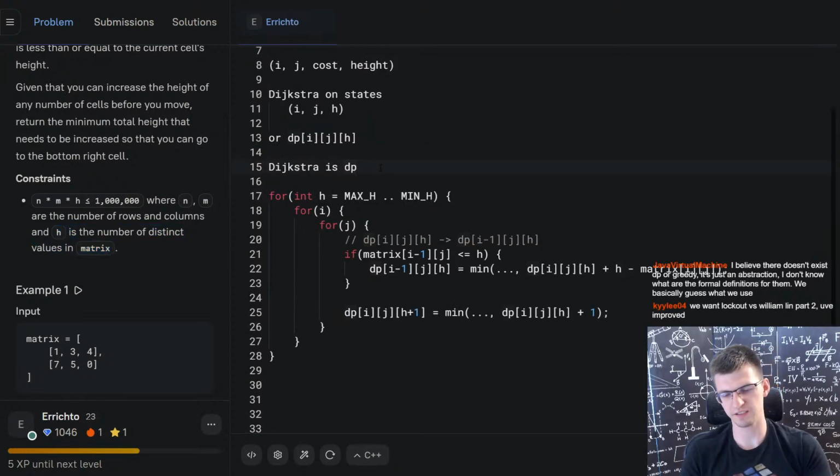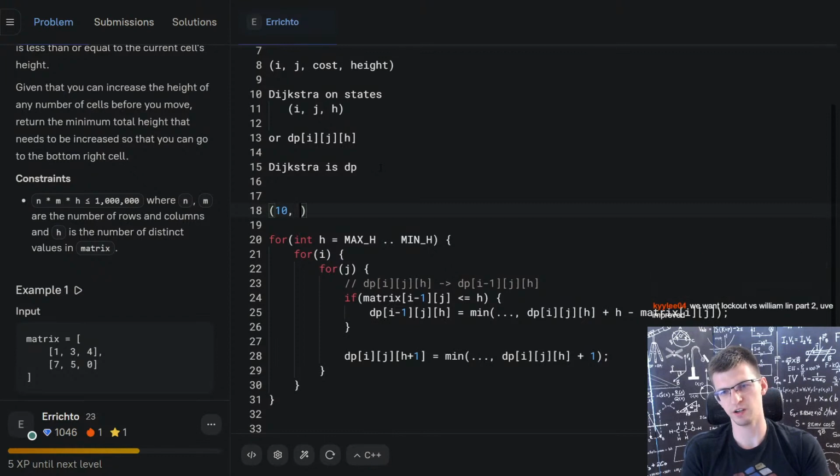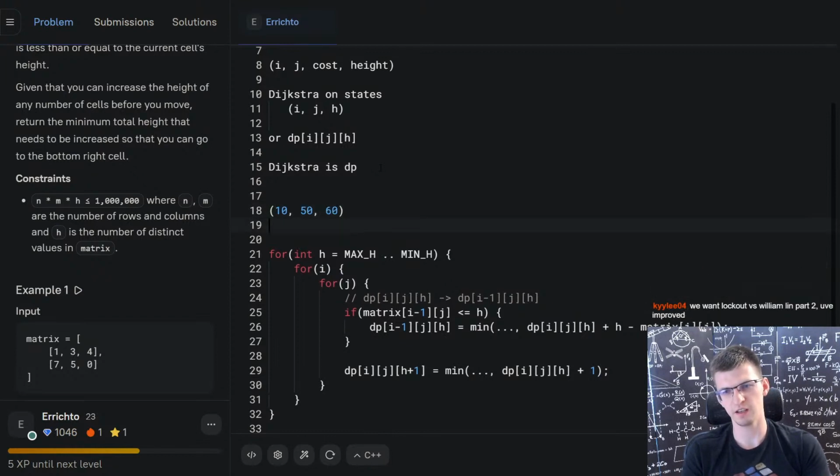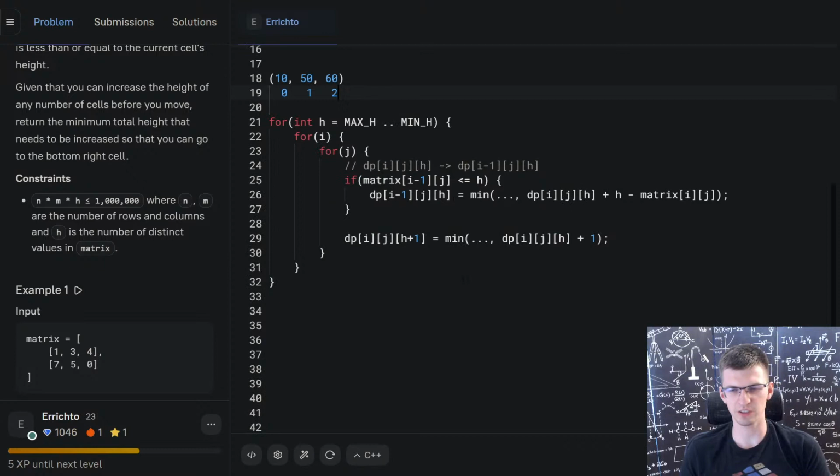So if the heights available in the input are 10, 50, 60, then h equal to 0 should refer to 10, 1 should refer to 50, and 2 should refer to 60. Something like coordinate compression. H equal to 2 actually represents height of 60, because that's second lowest in the input.